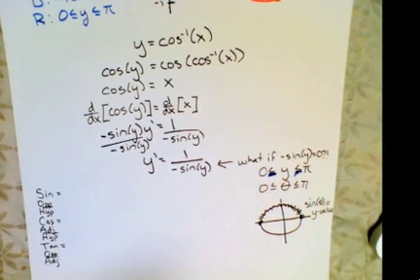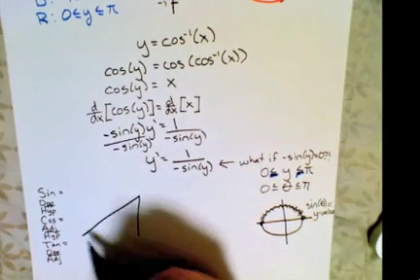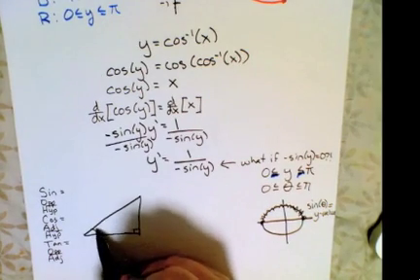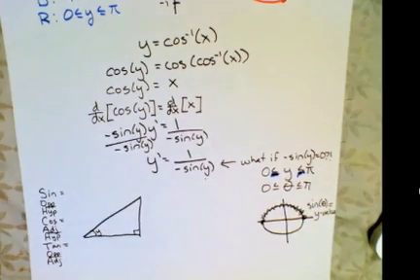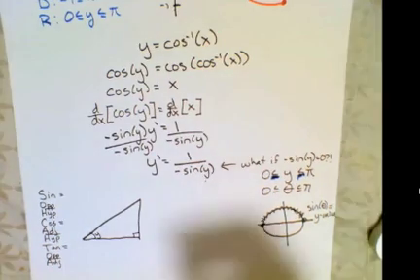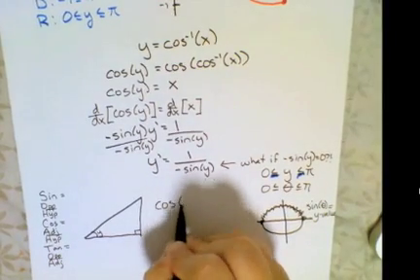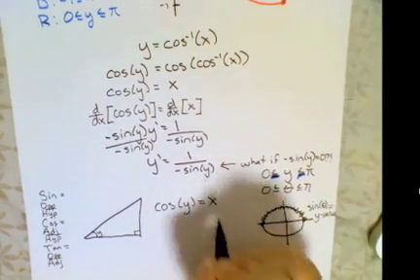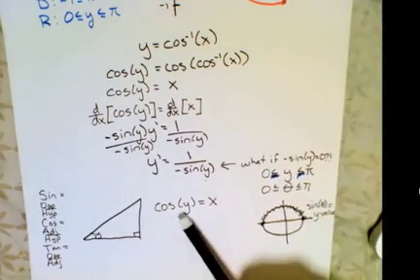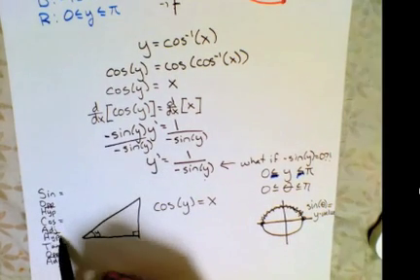And what we're interested in right now is some right triangle, an angle y, and we want the sine. I don't know what the negative sine of y is, but I do know that cosine of y equals x from up here. So if the cosine of y equals x, that means that the adjacent over the hypotenuse is x.